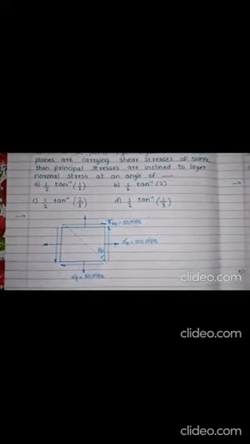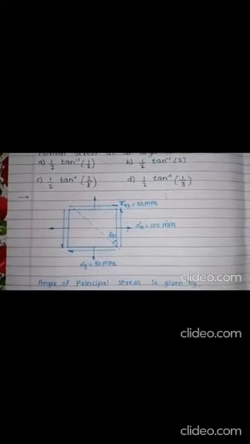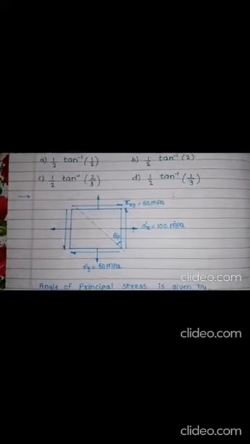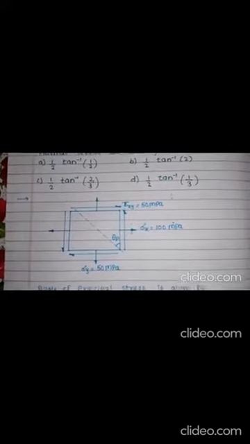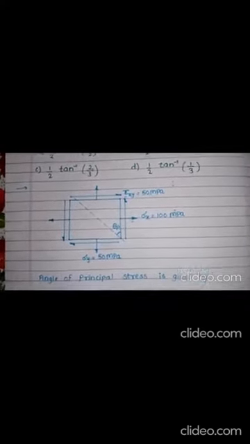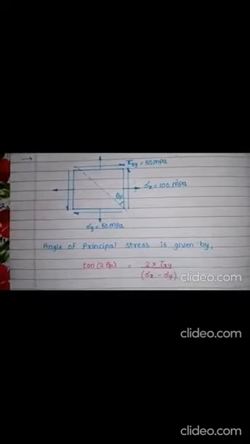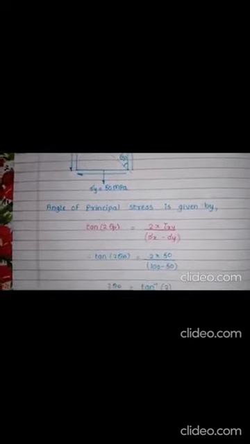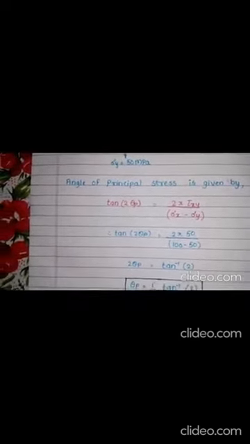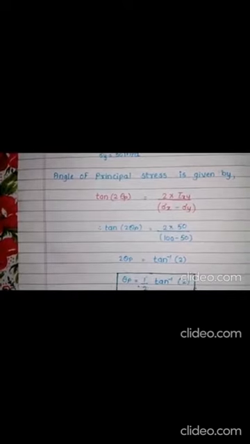Tensile stresses are considered as positive while compressive stresses are considered as negative, and the shear stress is given as 50 MPa. We have to find the angle of the principal stress, which is given by tan of 2 theta is equal to 2 times shear stress upon stress in the x direction minus stress in the y direction.